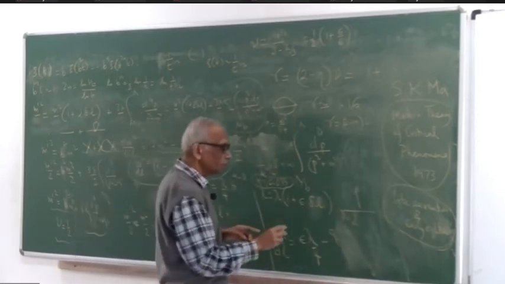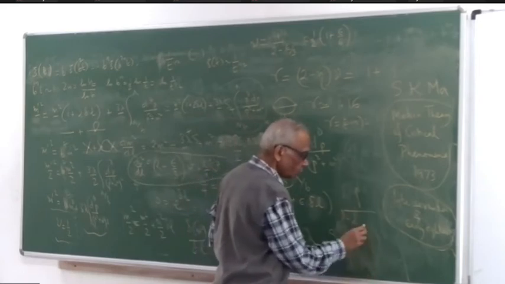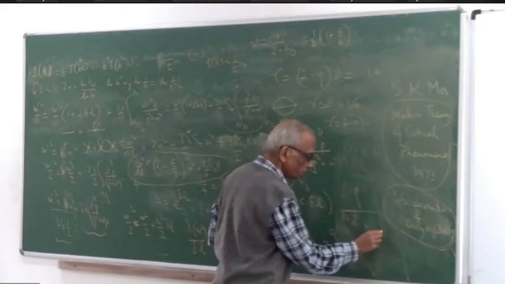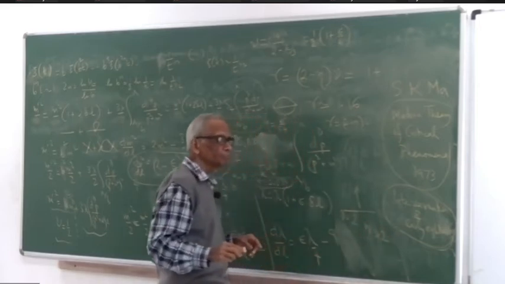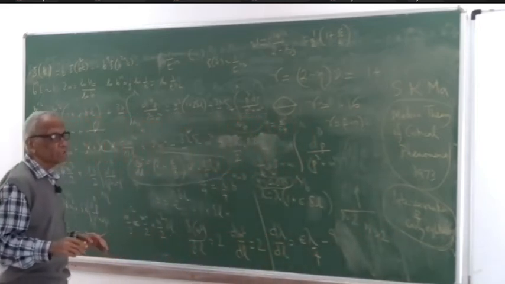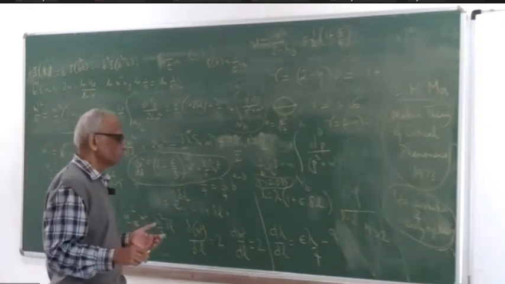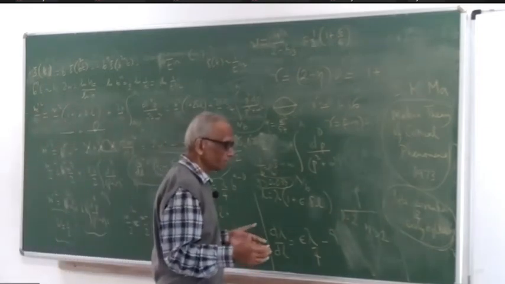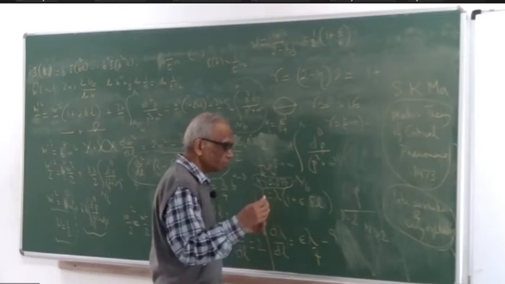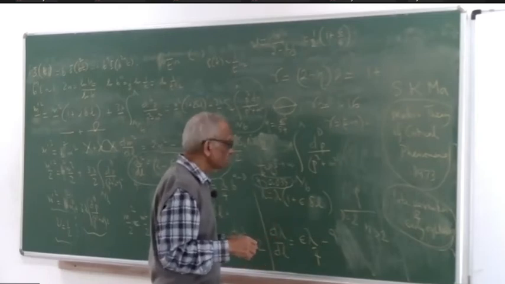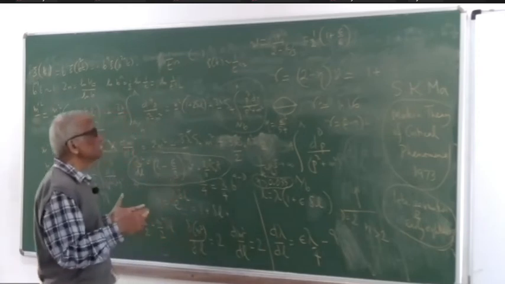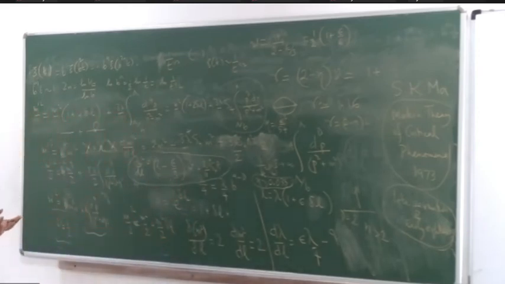You can only do it for n, the number of components, greater than 2. So this is, what do they call it? So it's a low temperature expansion. The expansion parameter is the temperature.